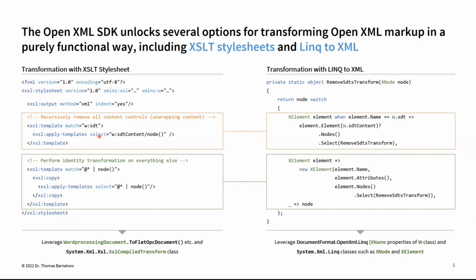In this case, throwing away the SDT and the SDT content and only looking at the node, but applying the same templates again on the node. If something wasn't an SDT, then a so-called identity transformation would be applied, which simply copies the thing on the level over to the new document and then runs those templates again. So it is a recursive functional transformation of the Open XML document, if you will.